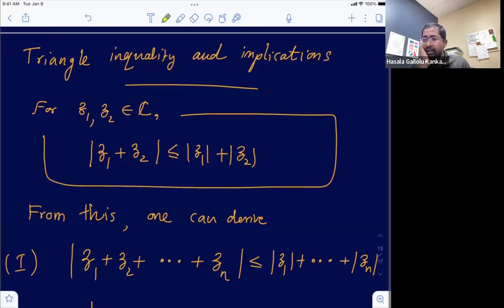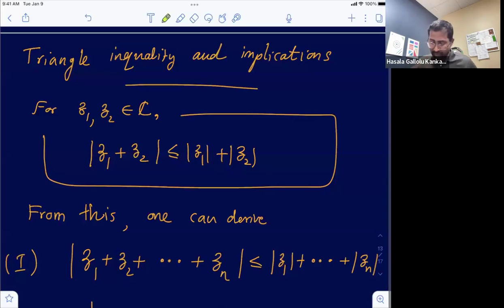Now, the next step. When it comes to simplification, there are very important tools that we need to get to know. The first one is the triangle inequality, because in many analytical properties, in many simplifications, you will see this is going to be a critical tool.